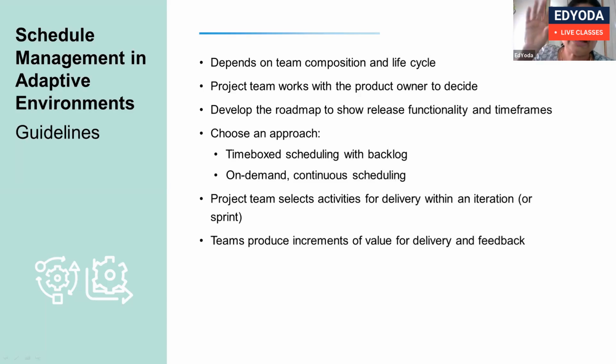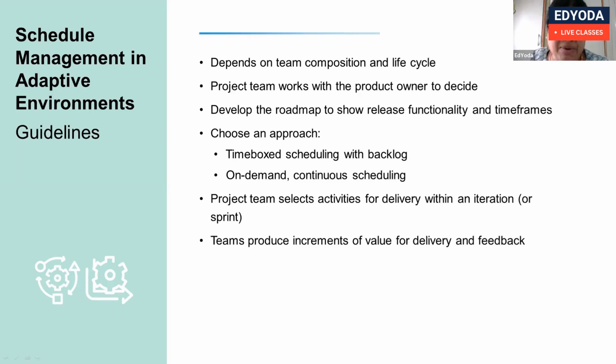Maybe before reaching the roadmap, there can be multiple roadmaps, multiple releases. So now develop roadmap to show release functionality and time frames, when and what we will be releasing. It is similar to the schedule finally, but here we will not say schedule, we will say roadmaps, releases and all, in the adaptive environment.